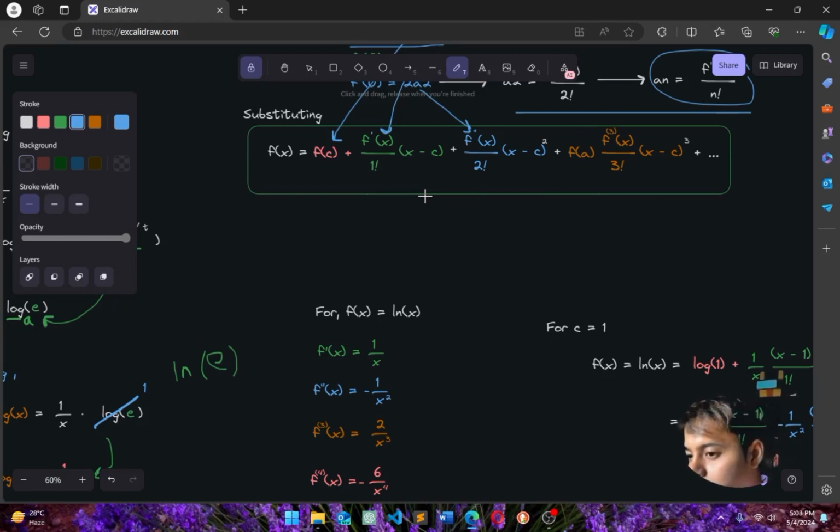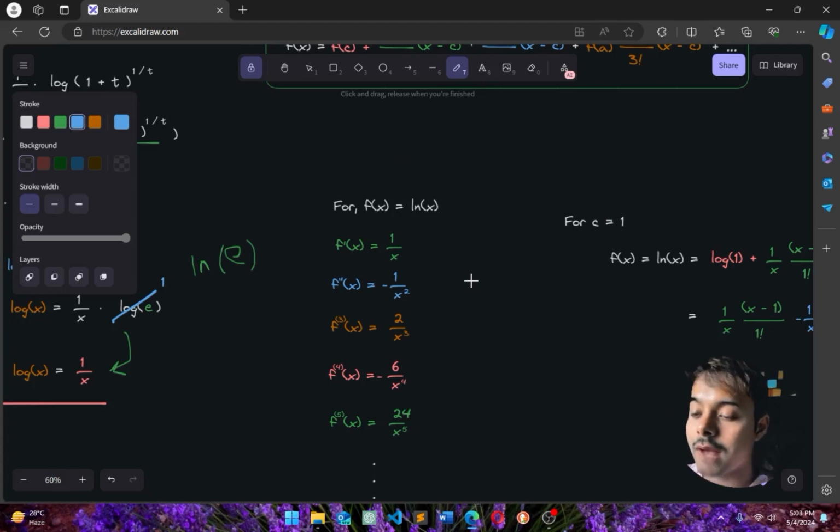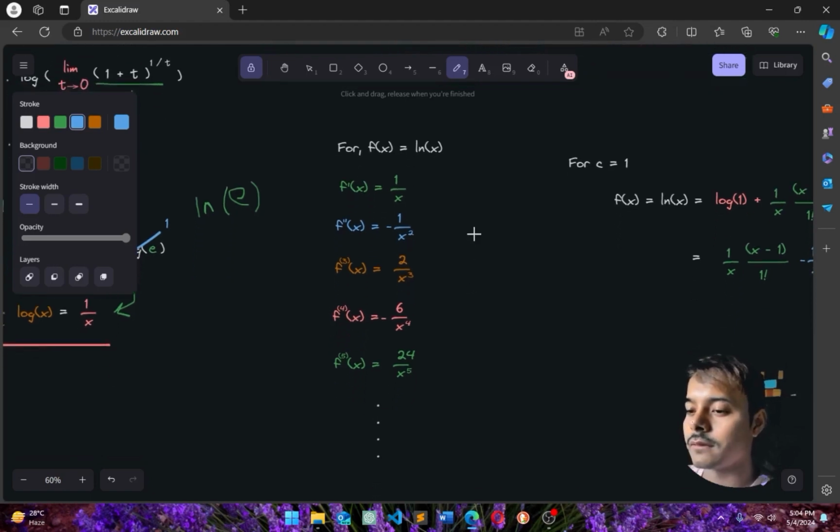Now after that, we expand the logarithm function using the Taylor expansion. First we have to take the derivatives to know the pattern. First we take the first derivative, second, third, fourth, and fifth. We can go all the way to whatever precision or accuracy we need.